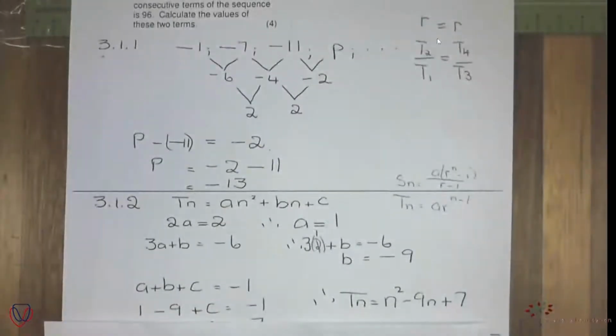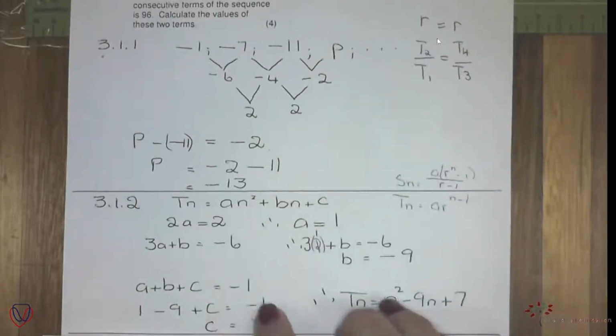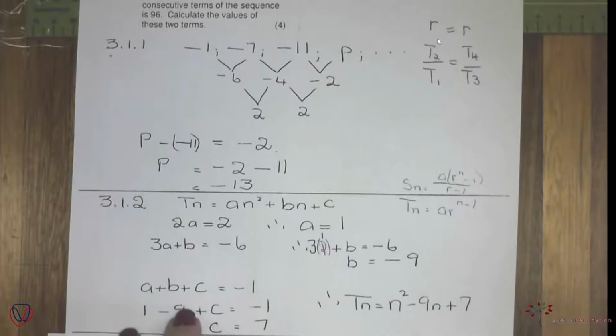We need an equation. People, can you see? There's always an equation when you want to solve a variable. Very, very important. If I solve for C here, C is going to be -1 plus 9, which is 8, minus 1, which will give you 7, because you bring those two to the right-hand side.